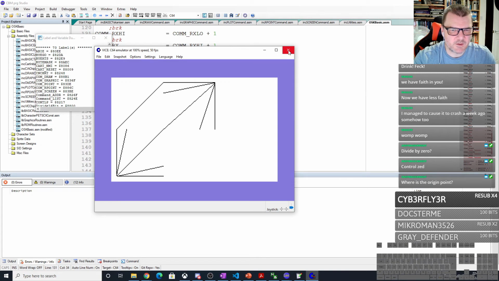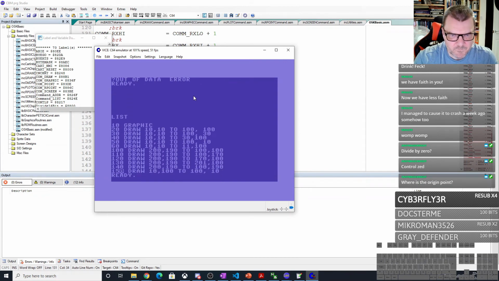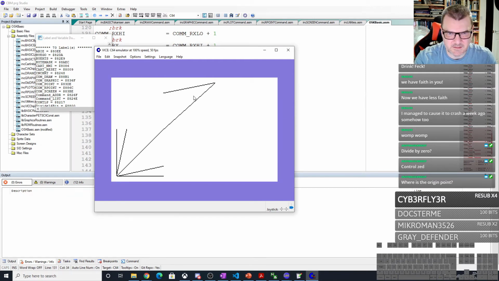So that's drawing on the x-axis. Let's make it a bit more subtler. 150, 10. That is going to make it an elongated line.